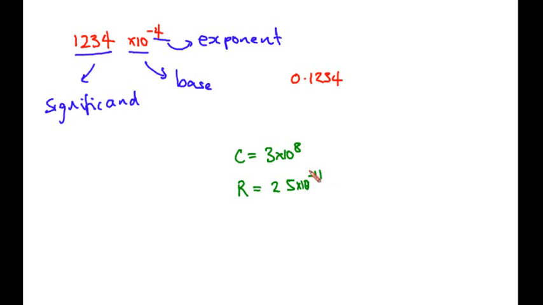We know how to express 3, it's also possible to express 2.5 or 25 depending on how it's used, and it's also possible to express the 8 and the minus 11 with a relatively small number of bits. So here we're able to express something that's almost 20 powers of 10 larger than another number with a small number of bits.